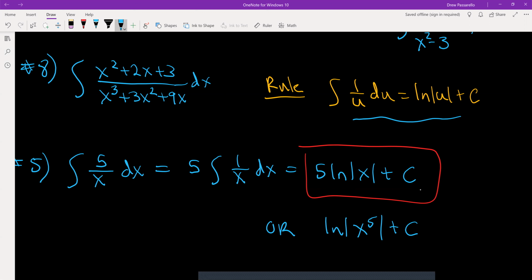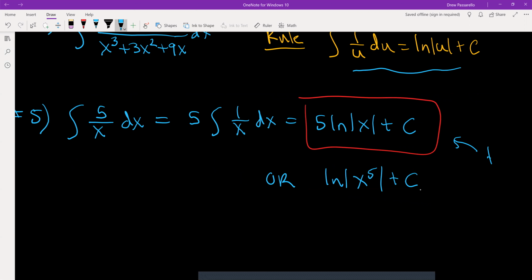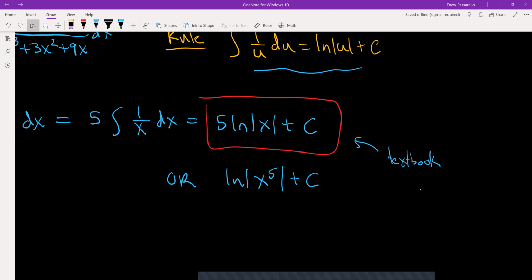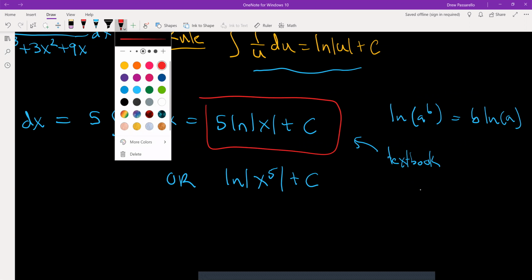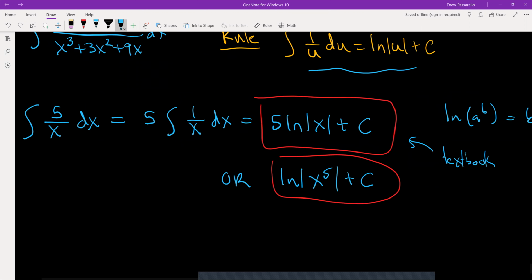Now the textbook just uses this one, but I'm just saying you could rewrite it by using that rule with logarithms, just bring the number into the logarithm so it turns into its exponent. Okay, so either of those two. And I'm fine with either answer.